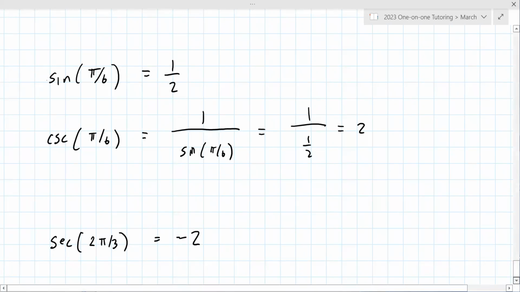Okay. All right, so let's increase the difficulty a little bit. What is the tangent of 4 pi over 3?